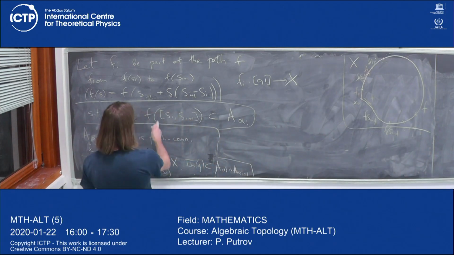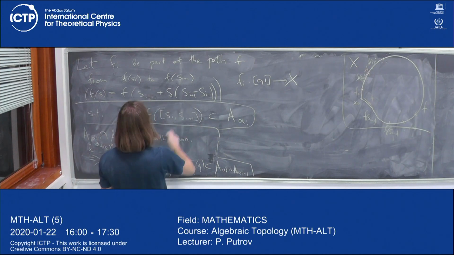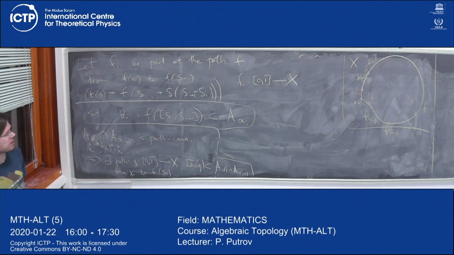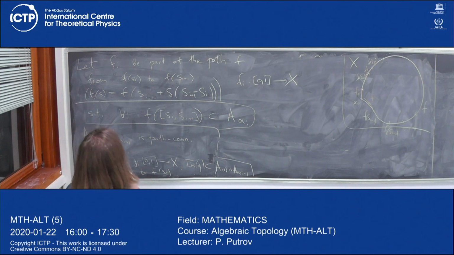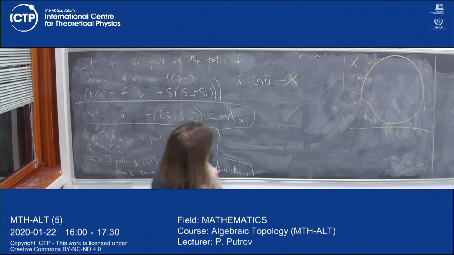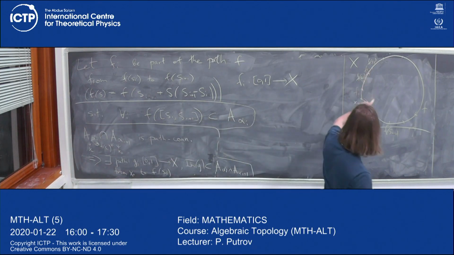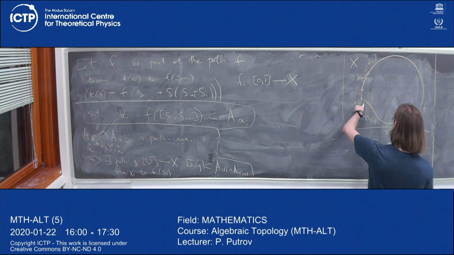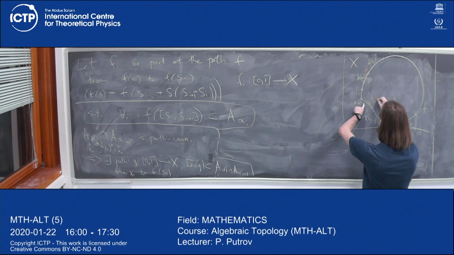When S is 0, this should be Si. So F0 should be a path from here. Yeah, this should be F0, this should be F1, and this should be F n minus 1.